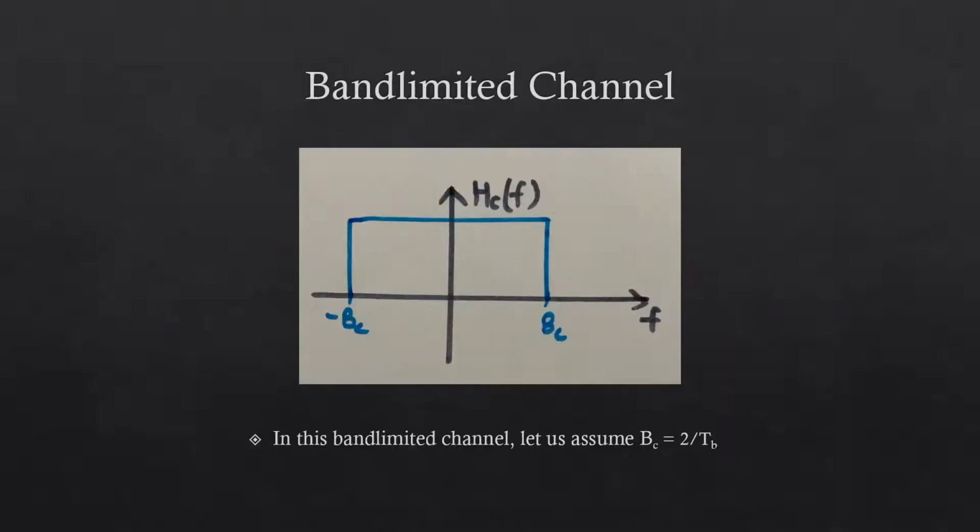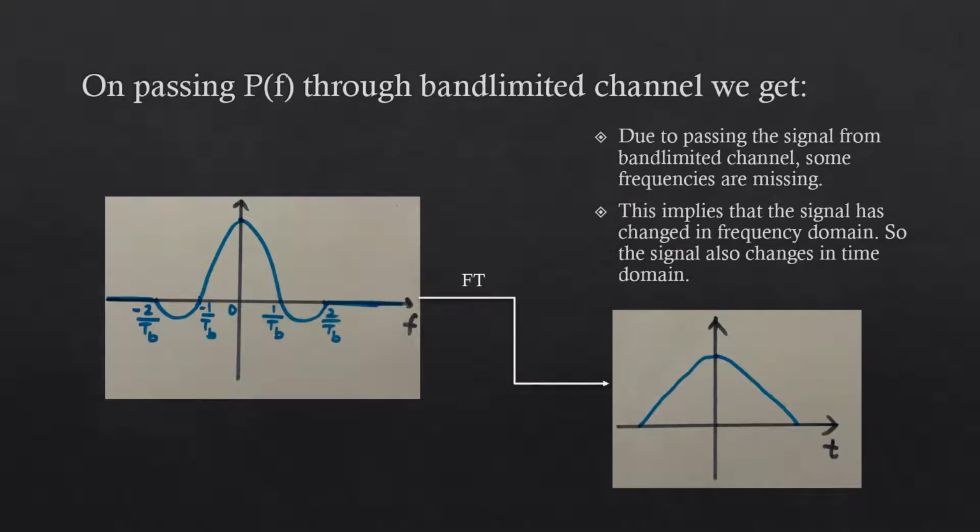In this bandlimited channel, we assume B_C equal to 2 by T_B. On passing P(f) through the bandlimited channel, we get the following function, where all the values after 2/T_B are 0.